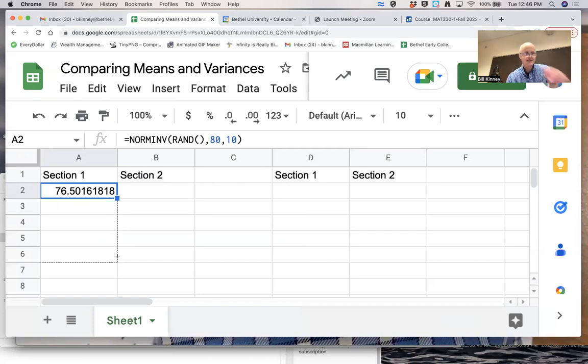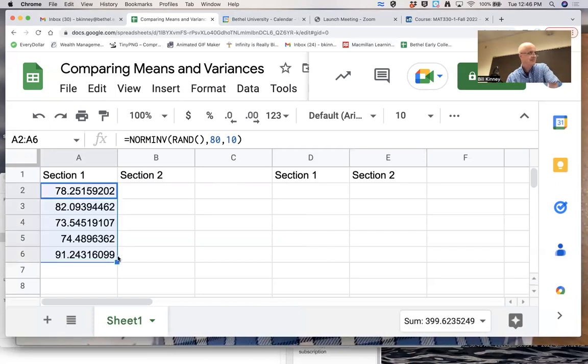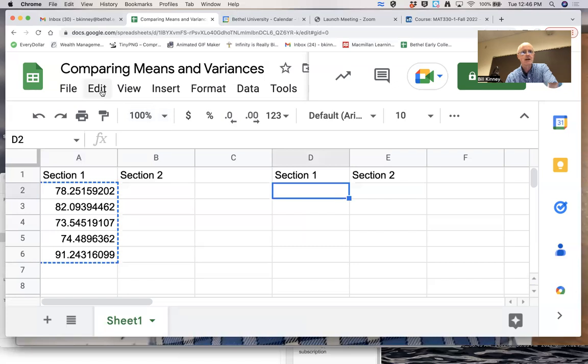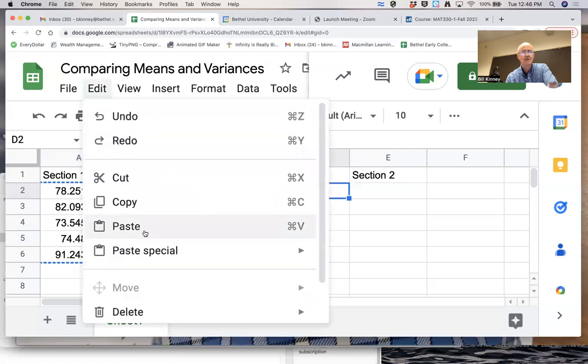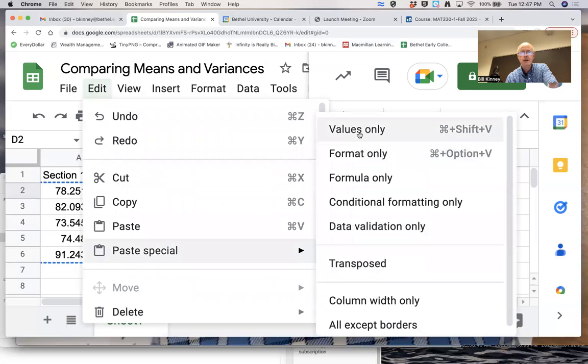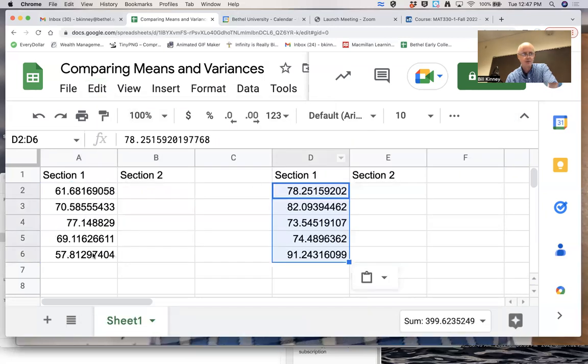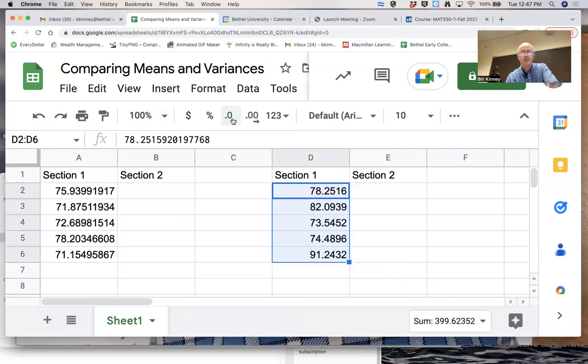Let's do a random sample of size 5. So n1 is 5. Copy and paste special to paste the values there so they don't get updated anymore. And let's also decrease the decimal places here, to the nearest whole number.